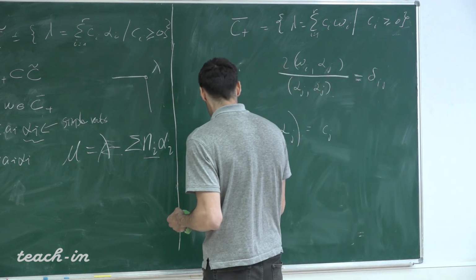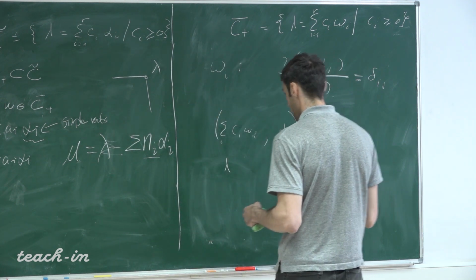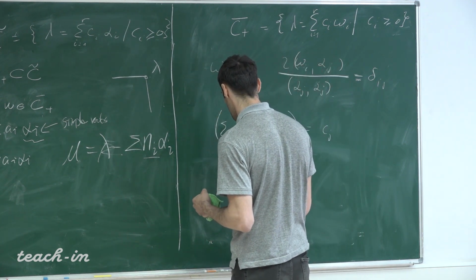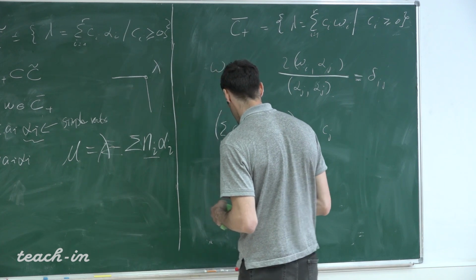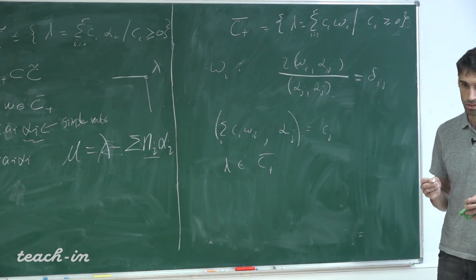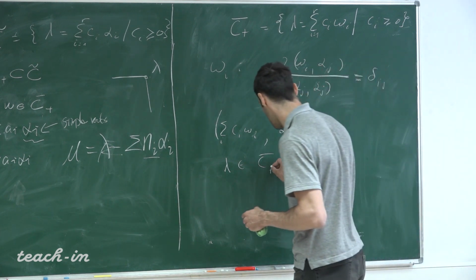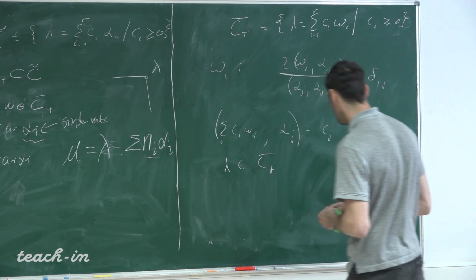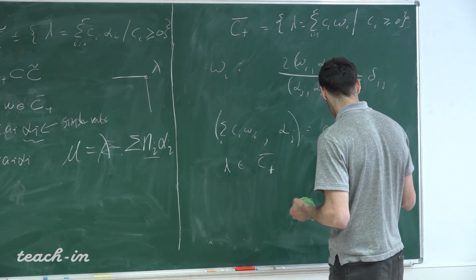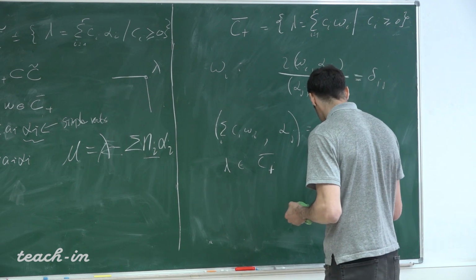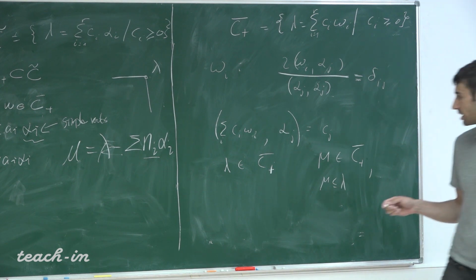Now, let me take some lambda from C plus bar. And let me take mu, also from C plus bar, and mu less or equal than lambda.